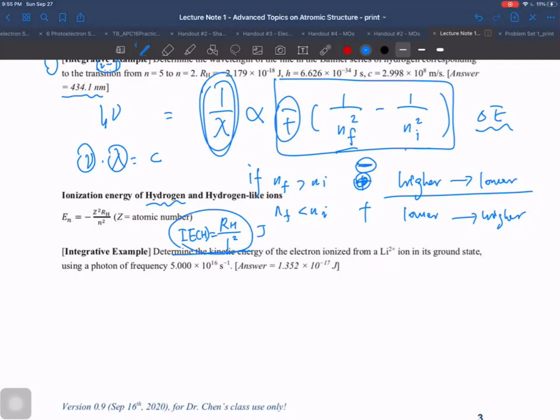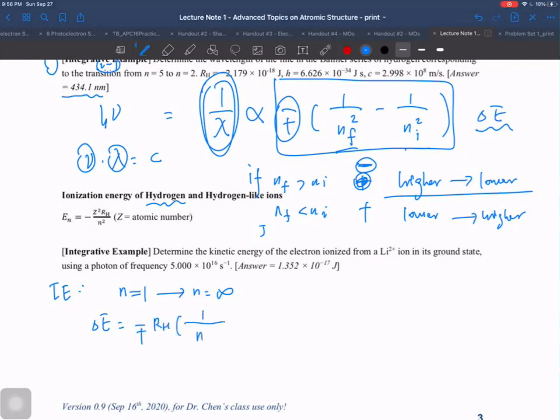I think I probably skipped something and made you confused. Let me write it down. The ionization process is basically from n equals 1 to n equals infinite. Based on our previous equation, delta E is negative or plus RH times 1 over n final squared, and n final is infinite, minus 1 over n initial squared, which is 1 squared.